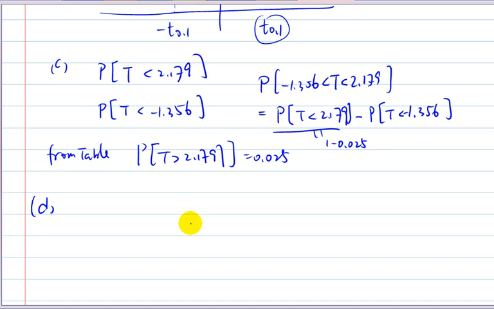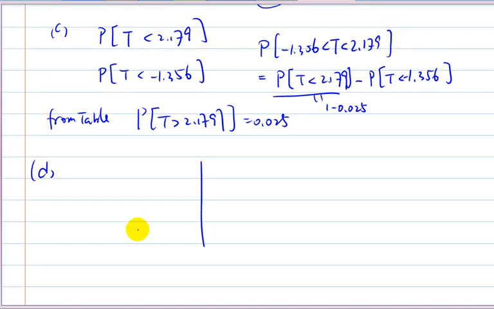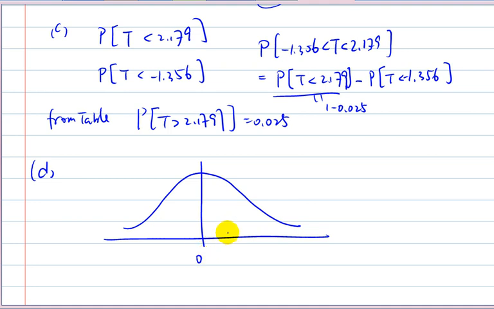D part. Let's draw the distribution first, with 0 right here. We have the probability of negative 2.069 less than T less than K equal to 0.965.